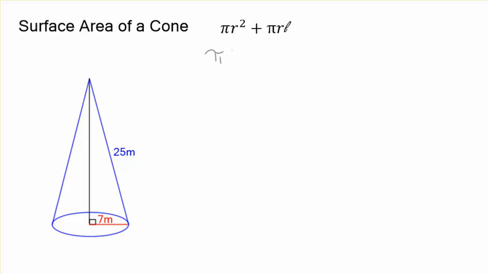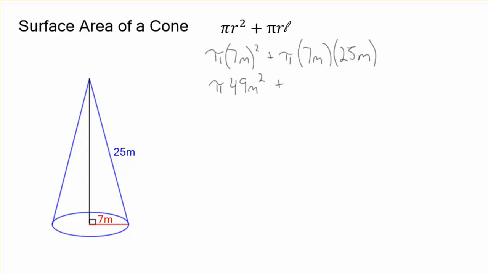So our surface area is going to be pi times 7 meters, the quantity, squared, plus pi times 7 meters times 25 meters. We're going to use meters just like a variable. So 7m times 7m is 49m squared.